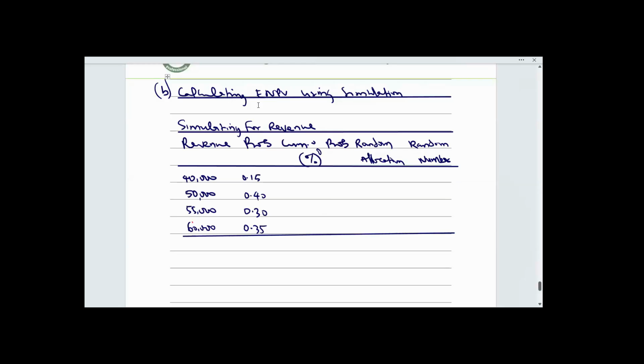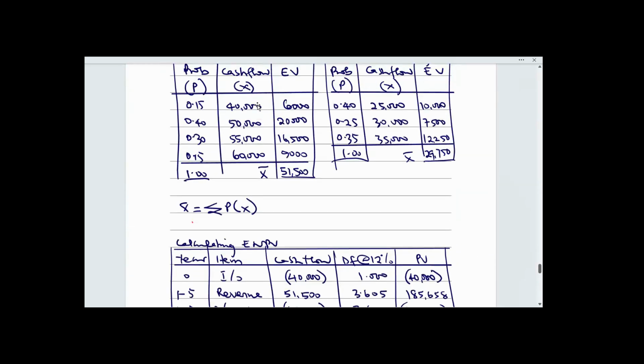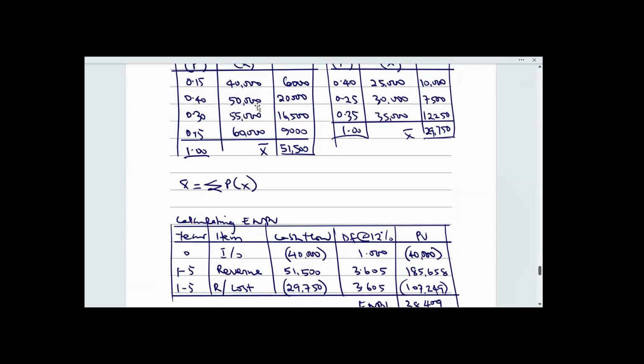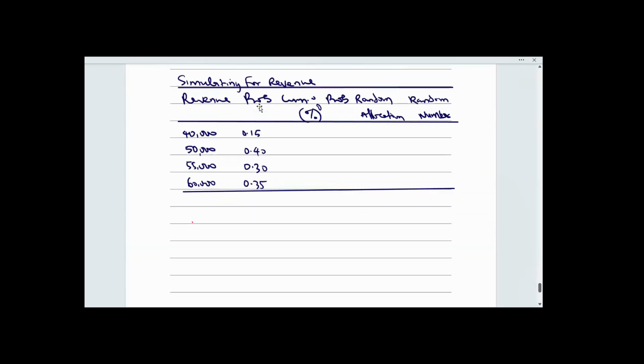Next, I need to find the cumulative of the probability. The first one in percentage will be 15%. 15 plus 40 gives us 55. 55 plus 30 gives us 85. 85 plus 15 gives us 100.